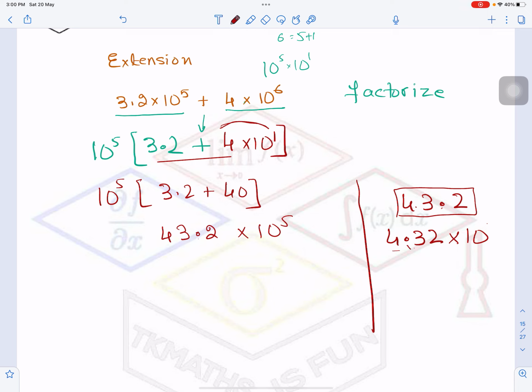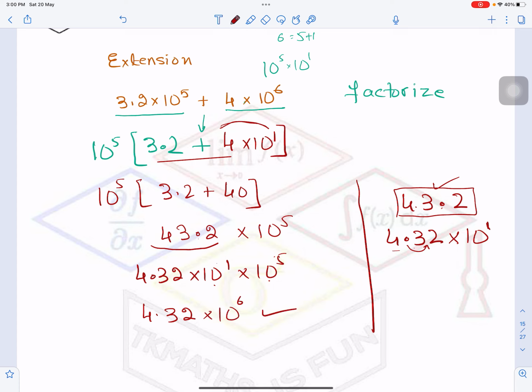It means it should jump 1 place right and then it will be equal to the given number. So I write here 10 power 1. So instead of 43.2, I will write 4.32 into 10 power 1 into 10 power 5. Now according to the law of indices, the base is the same, so you will add the powers. So it will become 10 power 5 plus 1, which is 6. So this is your standard form.